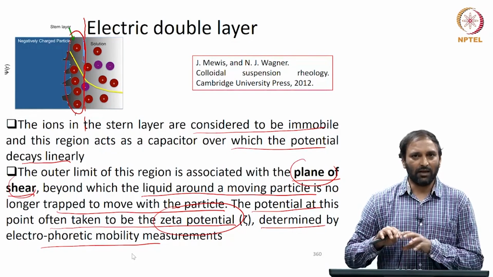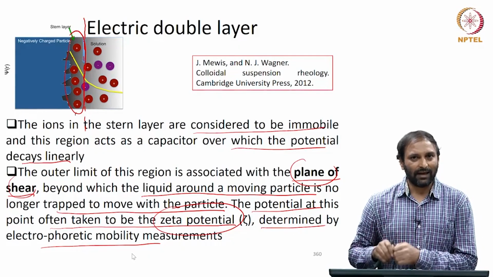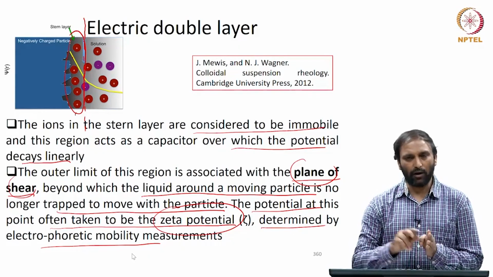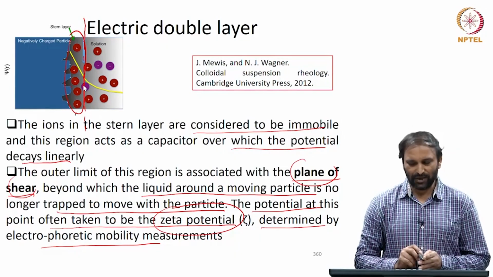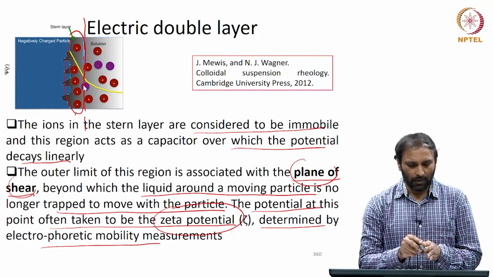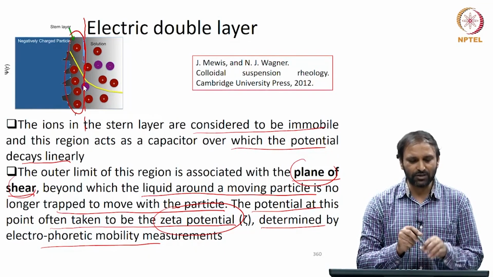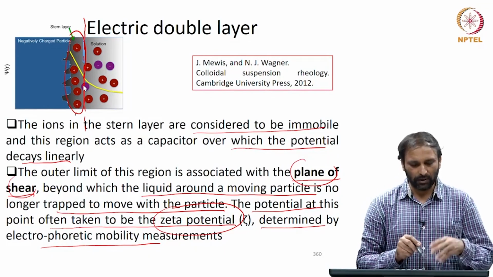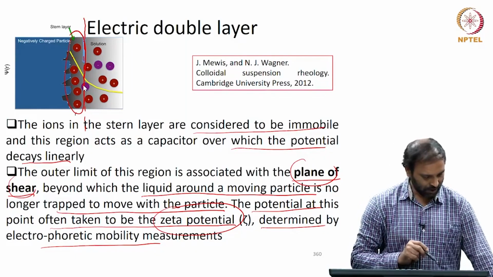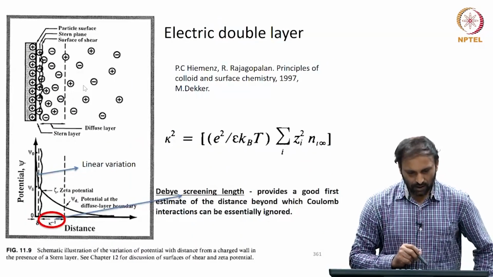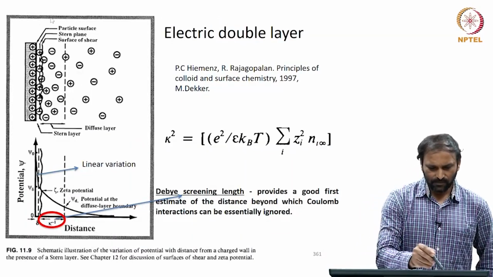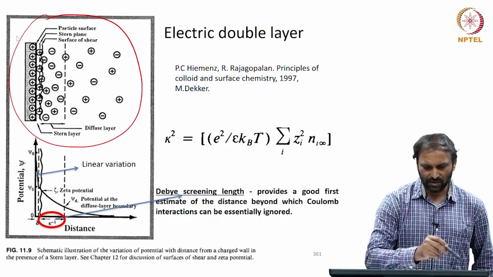That means the liquid has kinetic independence beyond the plane of shear. However, within the Stern layer, the liquid does not have kinetic independence, because it moves along with the particle when the particle is set into motion. So again, a similar picture is depicted here.